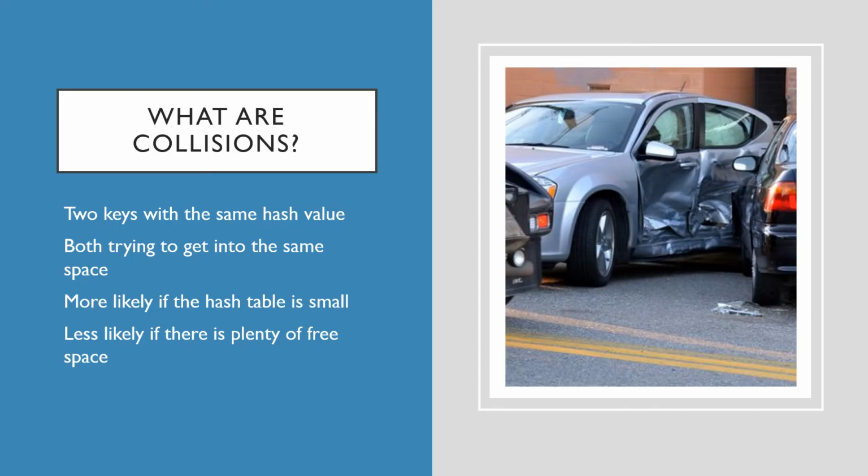Well, it means that if two of the data values you want to store end up with the same hash value, then they're both trying to get into the same space. It's like if you had an overcrowded car park and two cars were trying to get into the same space. And the smaller the hash table, the more likely a collision like this is.